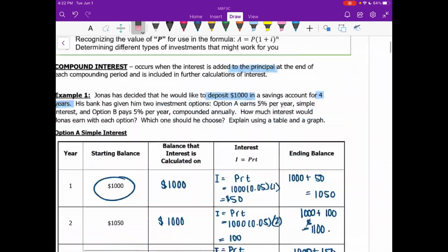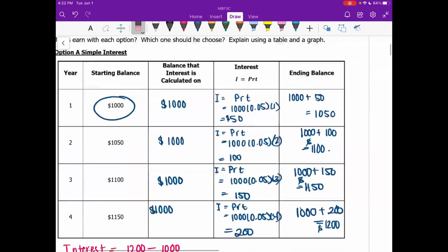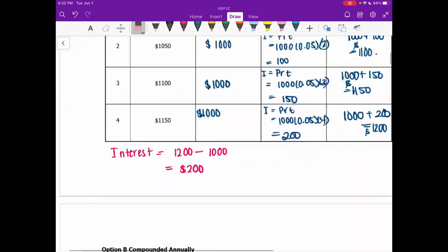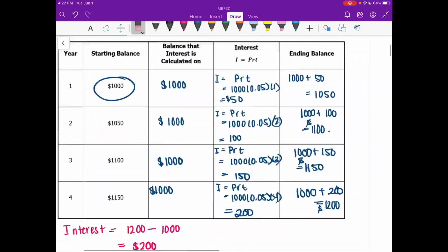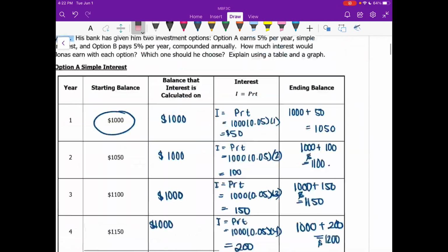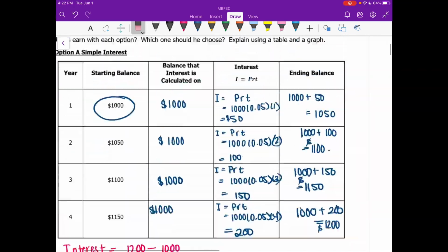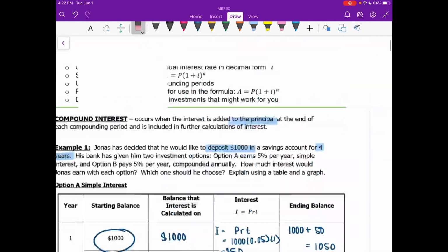Quarterly is 4 times a year, so you have 4 compounding periods. You'll hear about quarters when certain companies need to make their deadlines. Quarterly means that the financial year is usually split into 4 quarters.